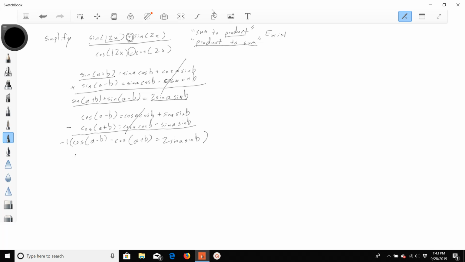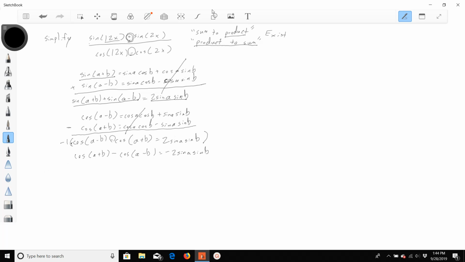So I get cosine of a plus b minus cosine of a minus b is equal to -2 sine a sine b. And that looks a lot more consistent now, because I have sine of a plus b, sine of a minus b, cosine of a plus b, cosine of a minus b. I just wanted it to be consistent for you all.